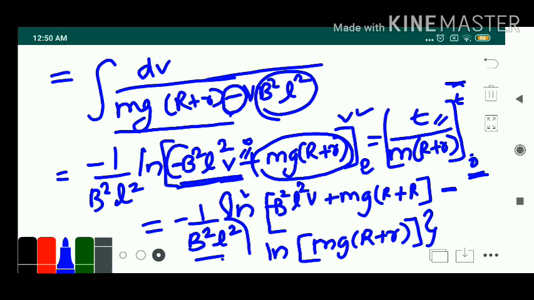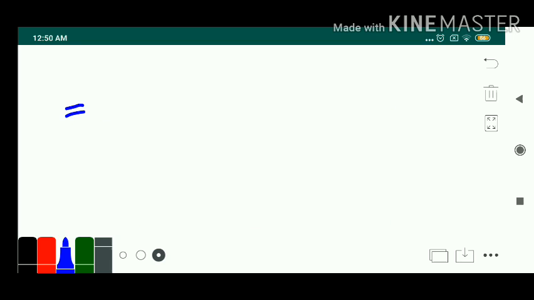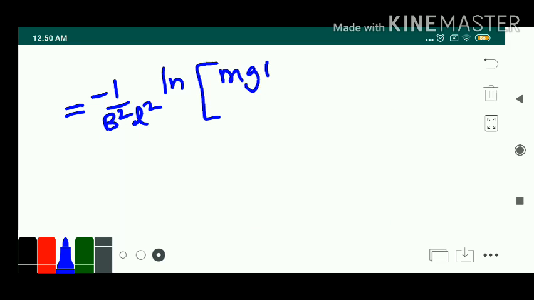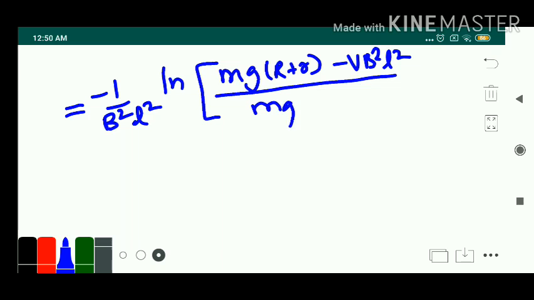So what is natural log a minus log b? It is log a by b, right? Similarly, natural logarithm a minus natural logarithm b is natural logarithm a by b. So I'm going to write it as minus 1 by b squared l squared natural logarithm mg r plus r minus vb squared l squared divided by mg r plus r.